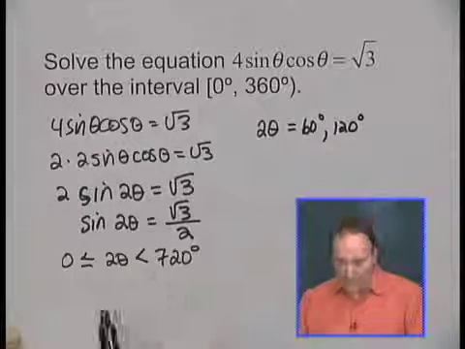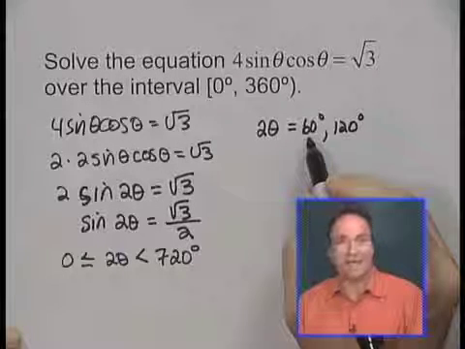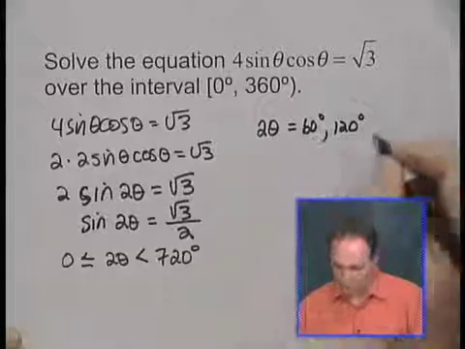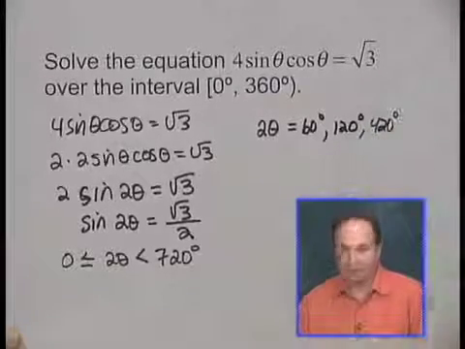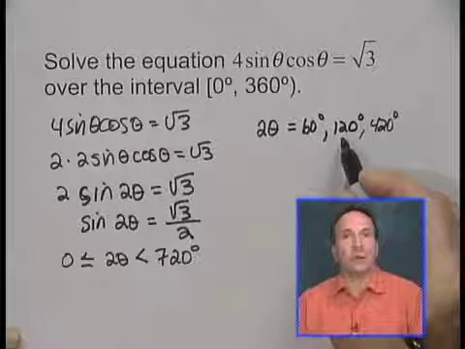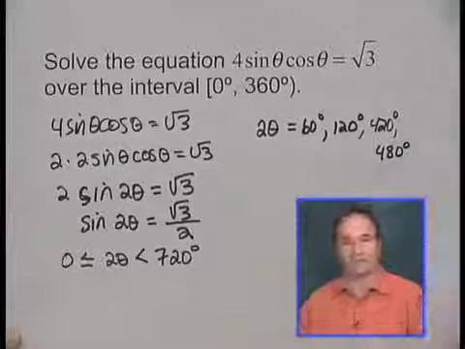But again, for 2 theta, we're going to go all the way up to 720 degrees. So we add 360 degrees to 60 degrees, which gives us 420 degrees. And then we add 360 degrees to 120 degrees, and it gives us 480 degrees.